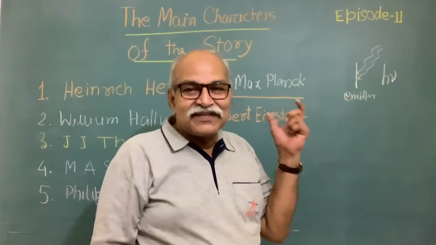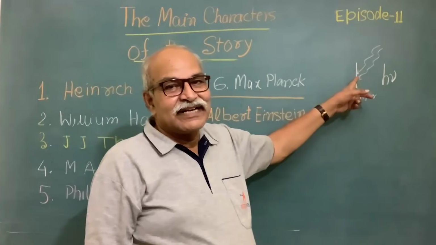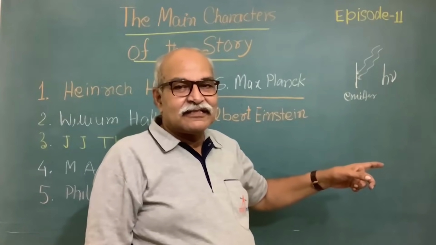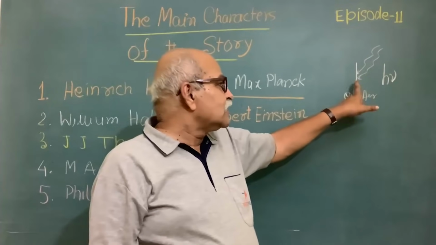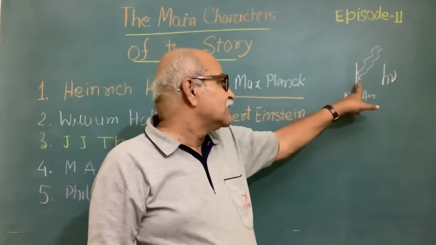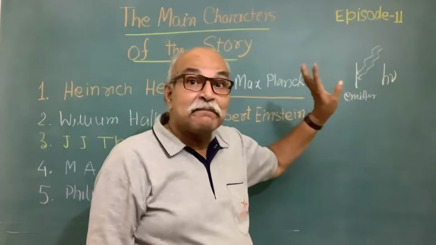Breaking that bonding will need energy. That energy is called the work function. The minimum energy which is required just to overcome this bonding with the metal, that is the work function. So that energy is spent there.